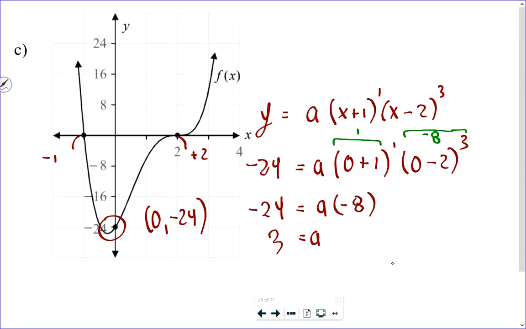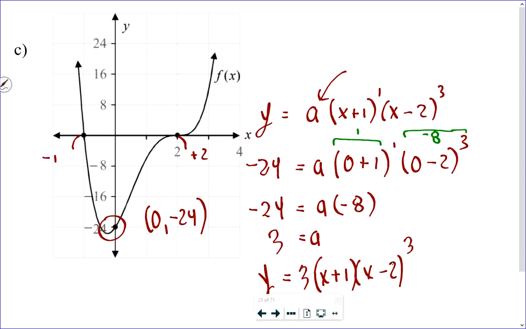So then you write the polynomial function with that value that you found in for a. So we get for a polynomial function 3 multiplied by x plus 1 multiplied by x minus 2 quantity cubed is equal to p of x or f of x or y or whatever notation we're interested in.